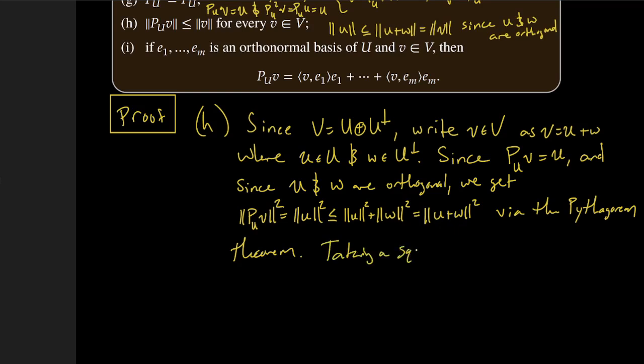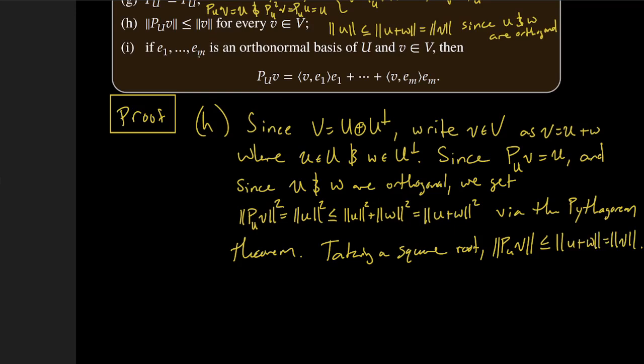Taking a square root, the norm of P_U v is less than or equal to the norm of u plus w, which is equal to the norm of v. Okay, so we got H.